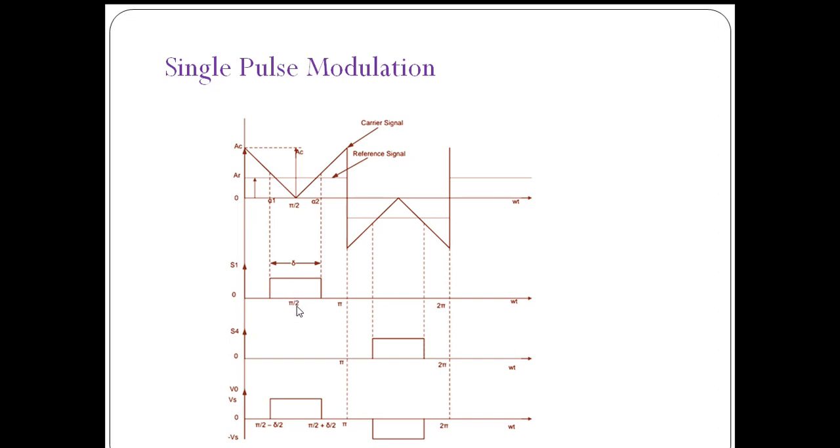From pi by 2 to this portion is D, and from pi by 2 to this portion is D. So the width of this pulse will be 2D. And at pi by 2 we are having this positive pulse, and similarly at the point 3 pi by 2 we are having the negative pulse.